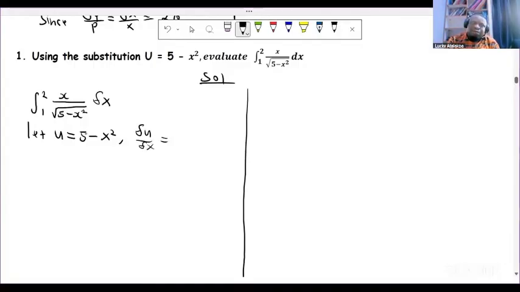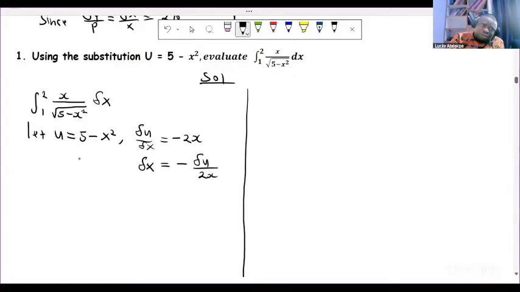If you differentiate a constant, you get 0, and minus x squared is negative 2x. So from this, I want to make the x stand alone. The x standing alone will now be negative du over 2x. Is that clear?